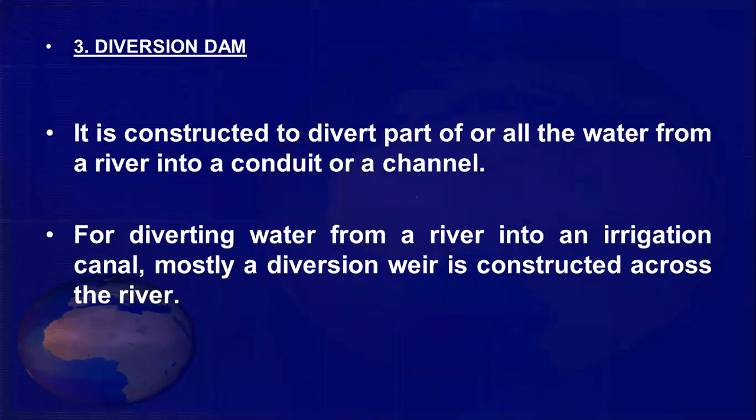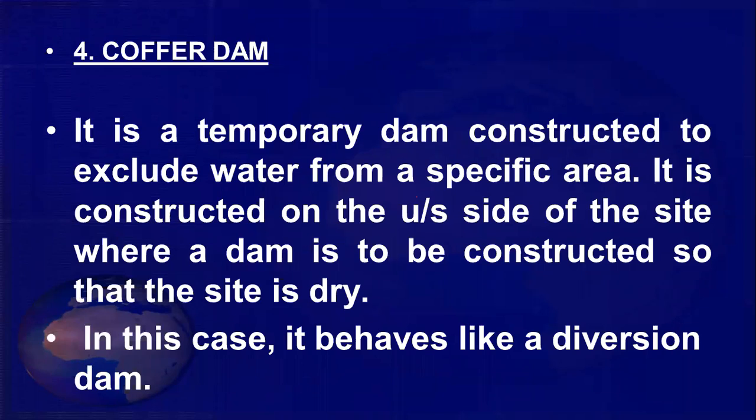Now diversion dam, as we have discussed, to divert the flow of water to canals for irrigation purpose, these diversion dams are used. Then coffer dam, it is also a temporary dam, but it is made up of combining various segments. So that's why it is called the coffer dam.